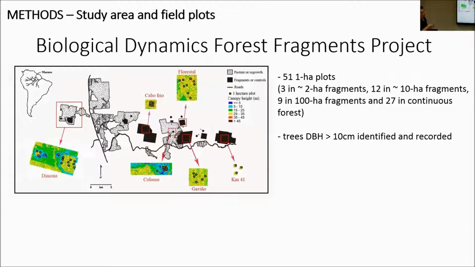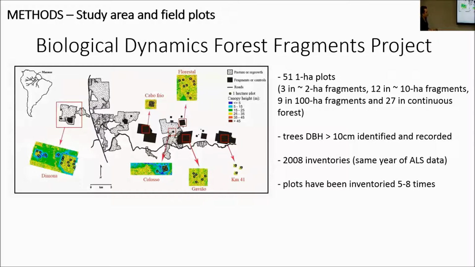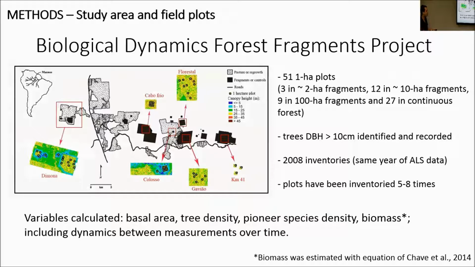And we measured all the trees upper than 10 centimeters. We have a lot of inventories since the 80s, but it's important that we have inventories in this date, because the LIDAR date is the same year to collect data. Basically we have 5 to 8 measurements for each plot in the continuous inventories.